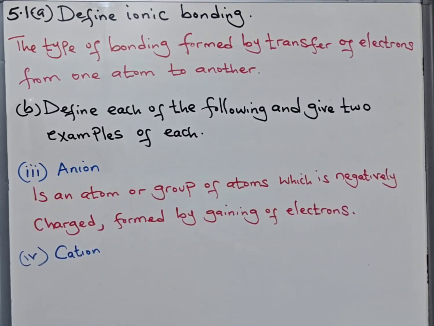Next is cation. What is it? Cation is an atom or group of atoms which is positively charged, formed by loss of electrons.